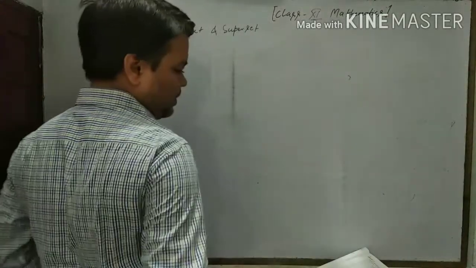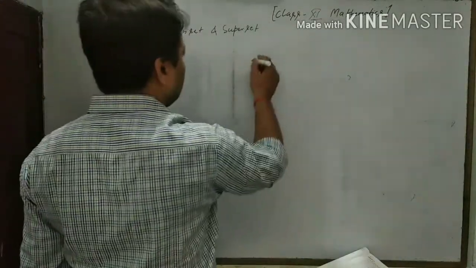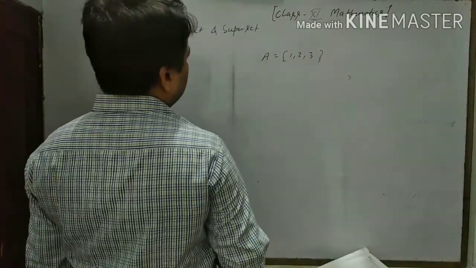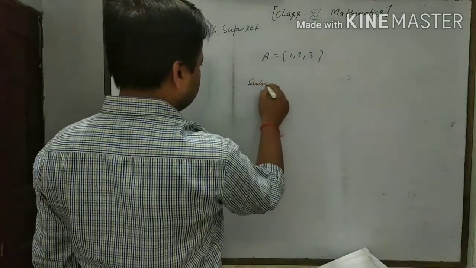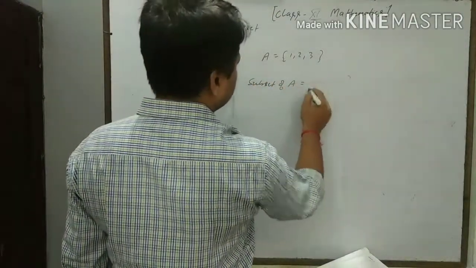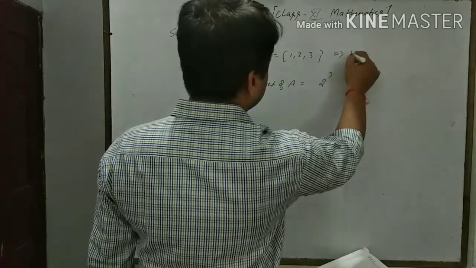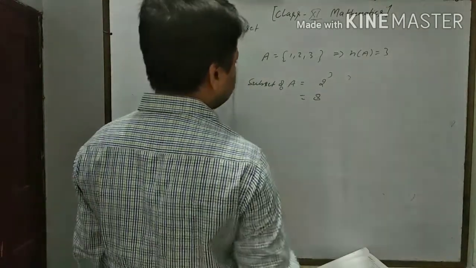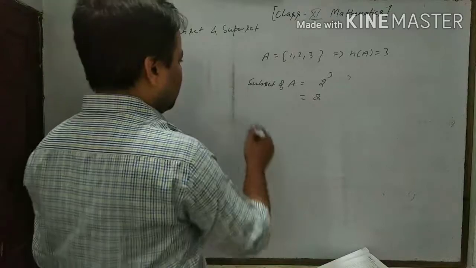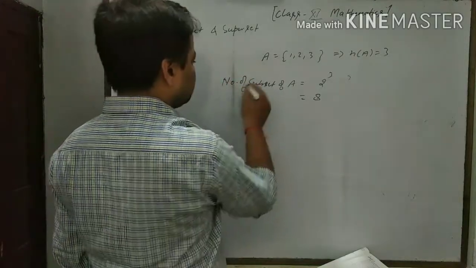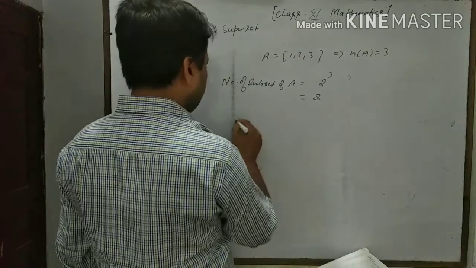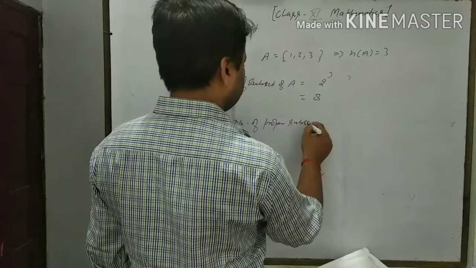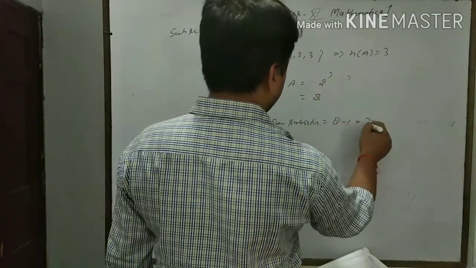Here, for a subset, say A is equal to {1, 2, 3}. So we make subsets of A. The number of subsets of A is equal to 2 raised to the power 3, because the cardinal number of A is 3. Then it will be 2 raised to the power 3, that is 8. The number of subsets of A is 8, and the number of proper subsets is equal to 8 minus 1, that is 7.